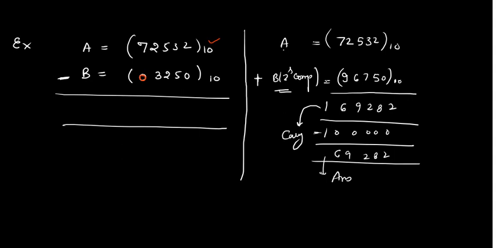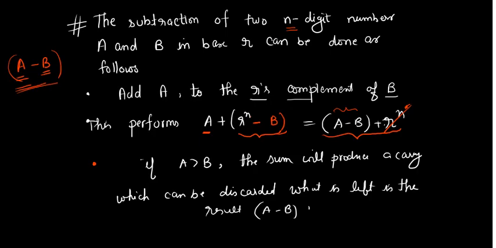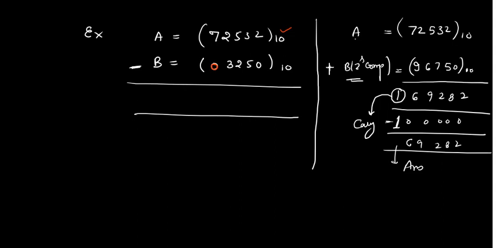If you add it, you will see this is the carry. If we ignore the carry, it means just subtracting 2 to the power n. As I said, when you have a carry, meaning A is greater than B, you will have r to the power n extra, so you have to remove it.